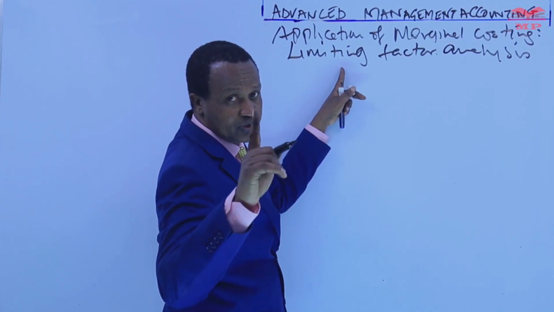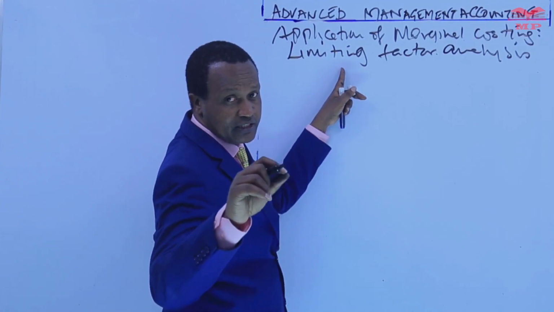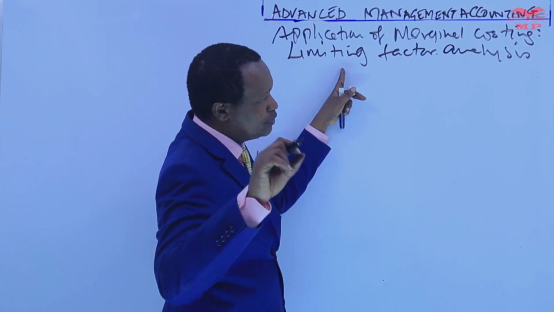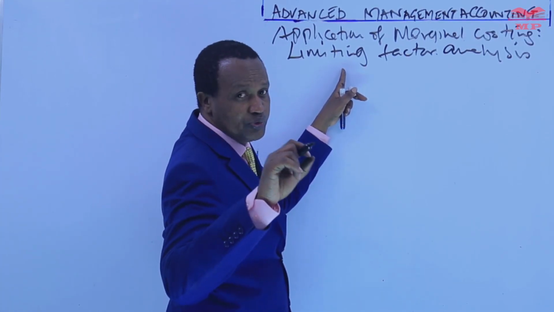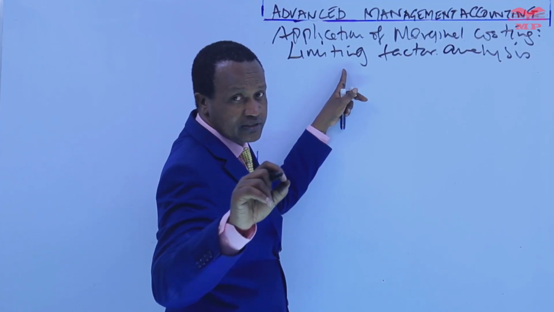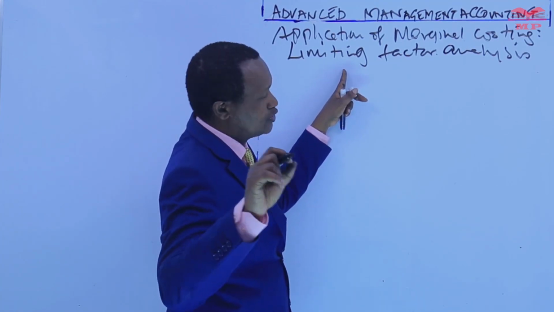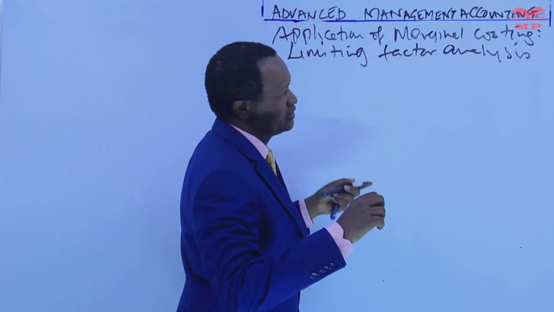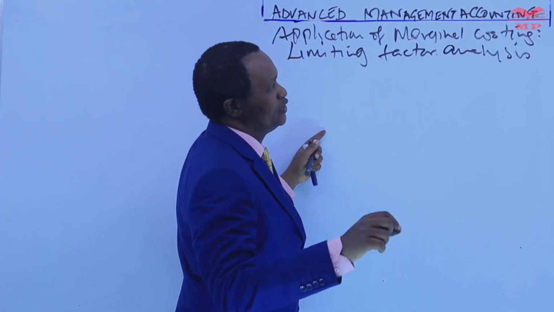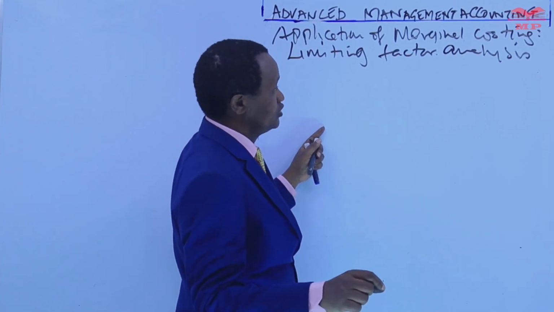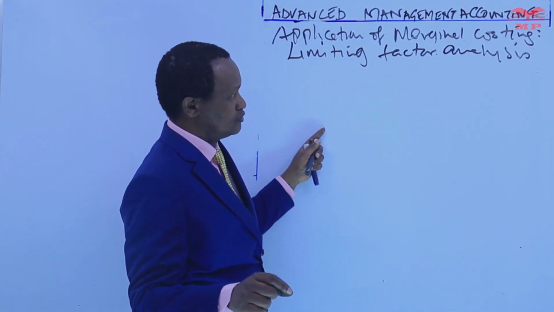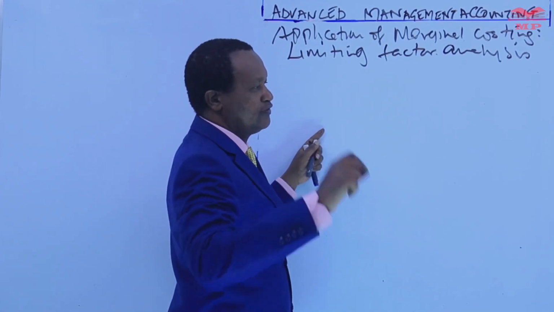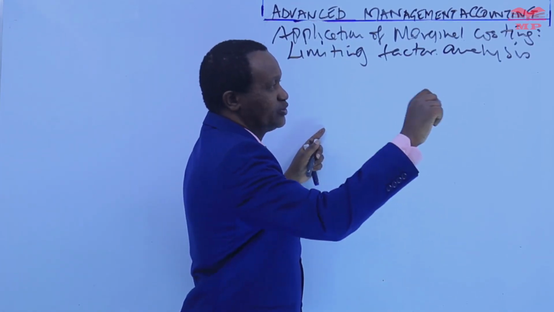It is a valuable tool for limiting factor analysis because it focuses on the contribution margin of each product. And we know, candidates, contribution is the difference between the sales value and the variable cost. So in marginal costing, we deduct the variable cost from the sales to get the contribution.